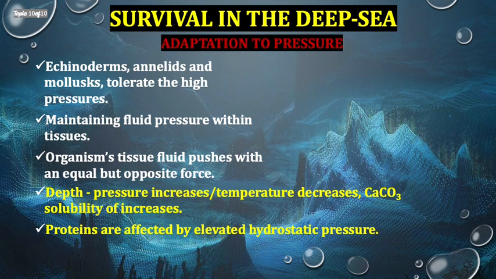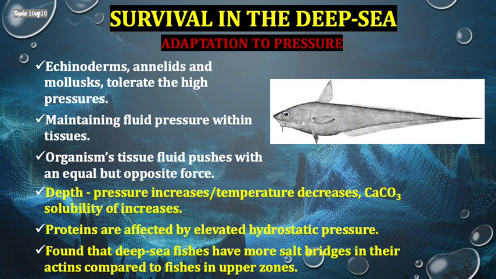Okay, the proteins in animals' bodies are also affected by the increasing hydrostatic pressure of the deep sea environment. So these creatures must learn how to modify their proteins and membranes in order to survive such intense pressure. Deep sea fishes have the protein actin in their bodies, but what exactly is actin?